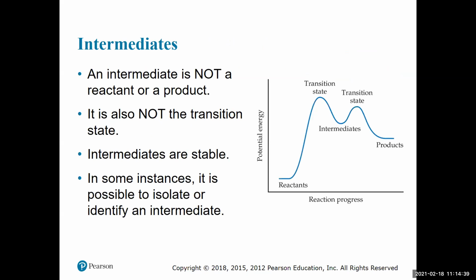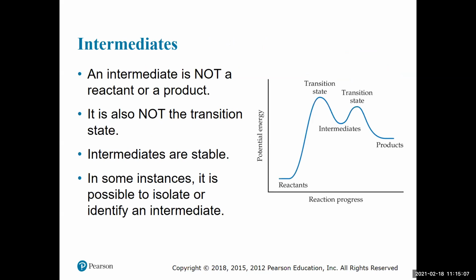So just talking about the intermediates for a little bit: the intermediates aren't the reactants and they're not the products. There's something that forms in between. We talked about how as we get to the top of the activation energy, the molecules are getting into a configuration that they can react.